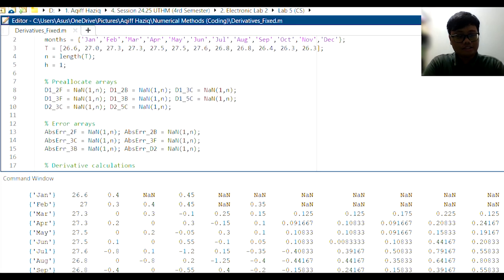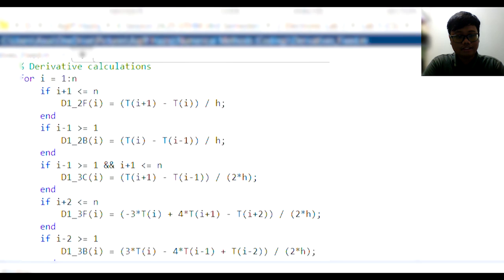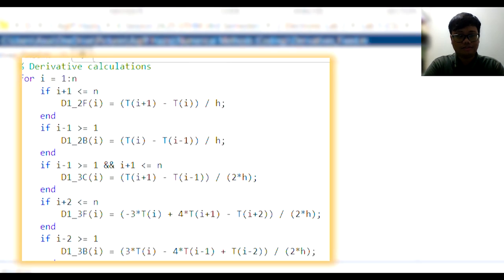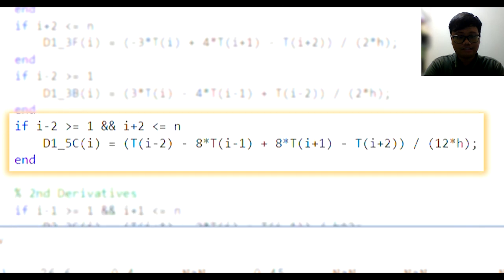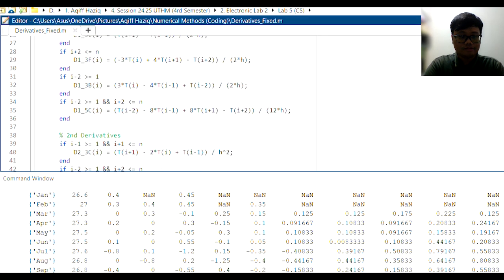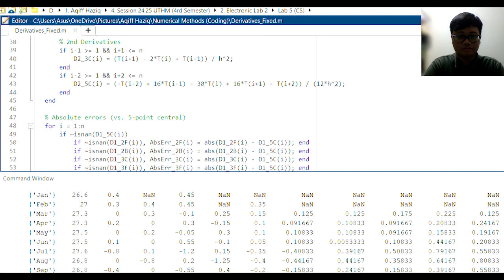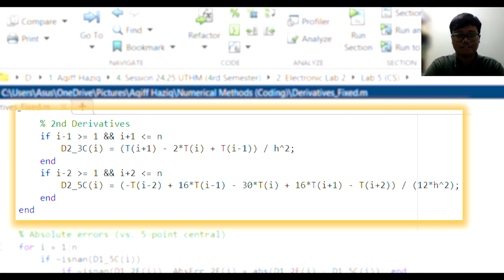So the next one is the derivative computation loops. The first derivative uses six methods, which are 2-point forward and backward, 3-point forward and backward, central, and 5-point central used as a reference value. The second derivative uses the 3-point and 5-point central methods.